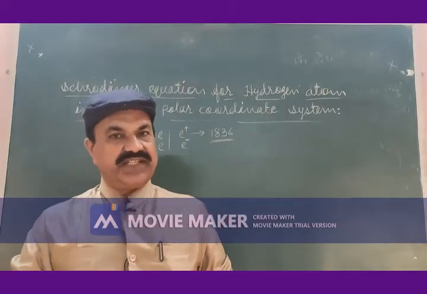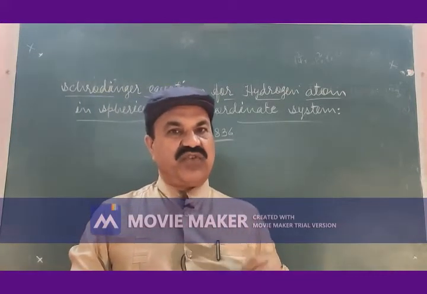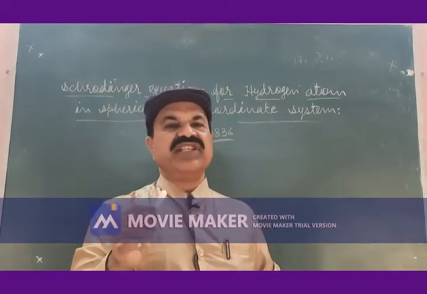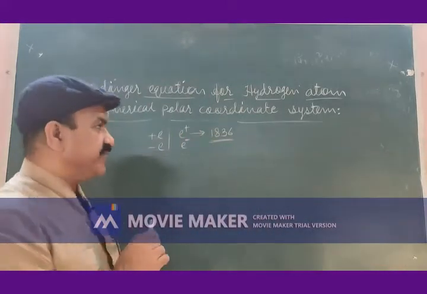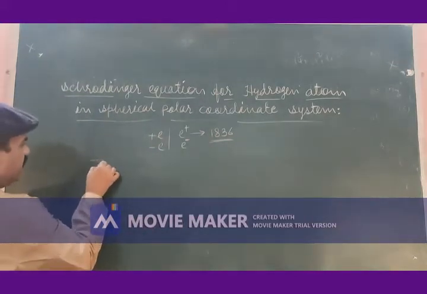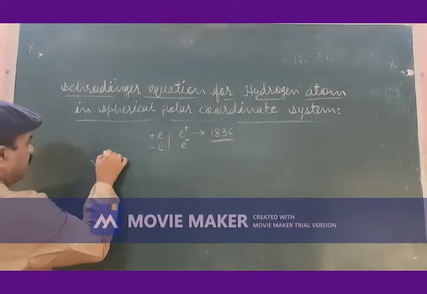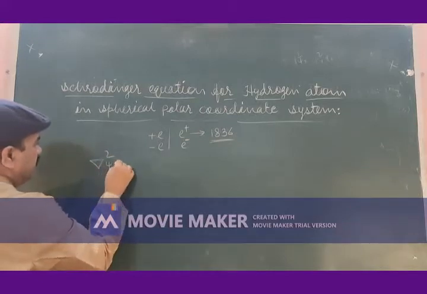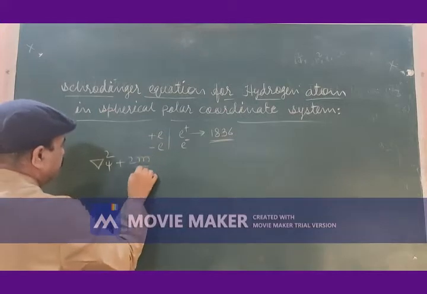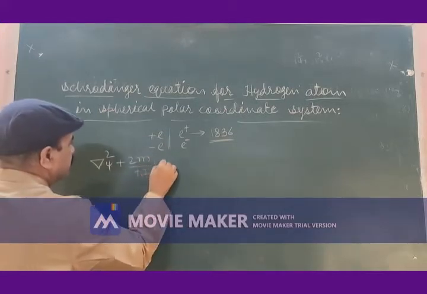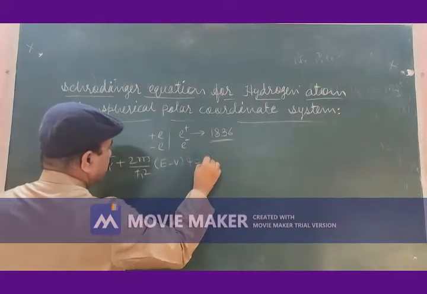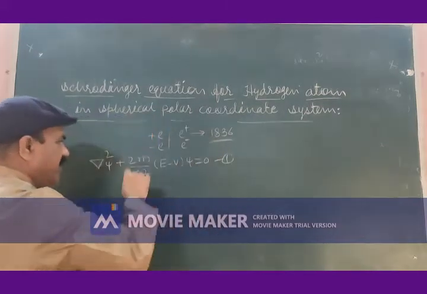Let us first write the Schrödinger equation for this hydrogen atom in three-dimensional Cartesian coordinate system. The Schrödinger equation for the hydrogen atom in three-dimensional Cartesian coordinate system is this, equation number 1.